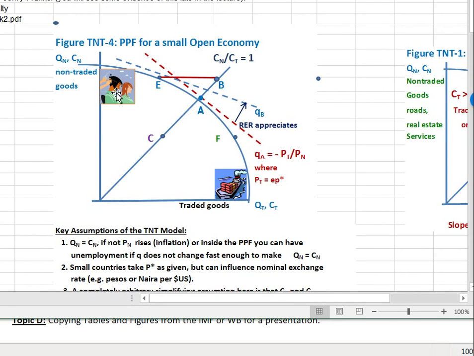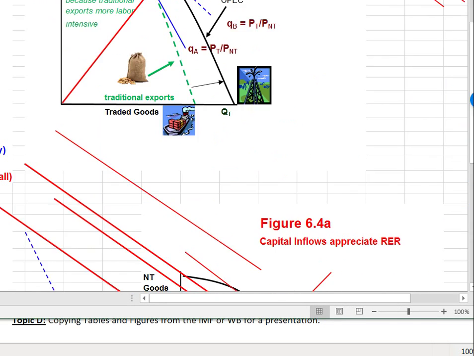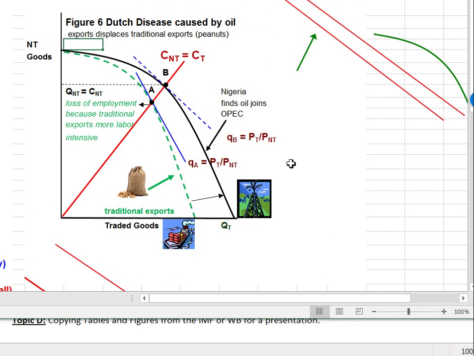But the graphics are nice, and they make the point. And here is an example of the Dutch disease, where you have the traditional exports in Nigeria, for example, which were labor intensive. There's nothing wrong with discovering oil. It should be a big help, but in practice it doesn't work out that way.